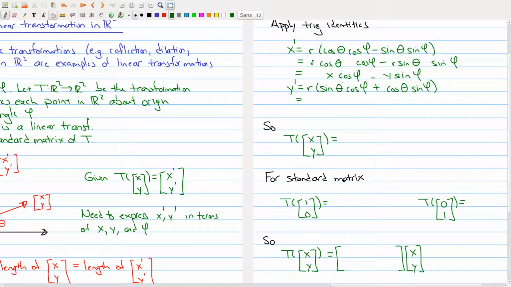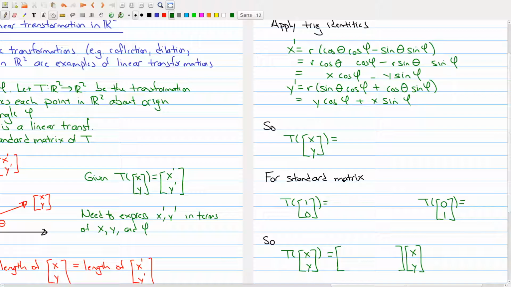And similarly over here, when I do all the simplification, I end up with y cos phi plus x sine phi.